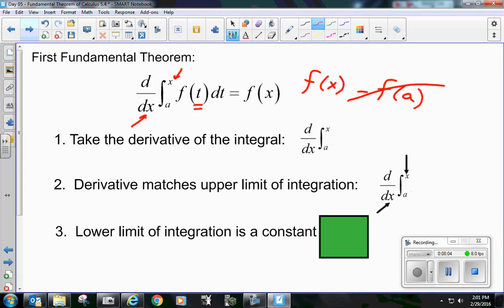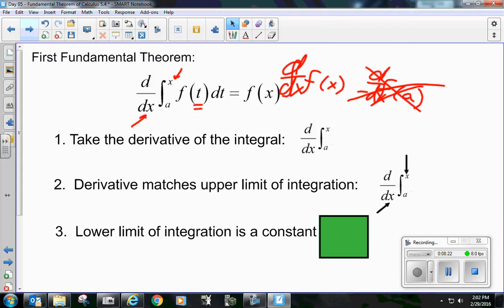So after you integrate, and then I take the derivative of each, the derivative of a constant is 0. So that's why that t turns to an x. You just have to make sure you put x in for the t. The lower limit, as I just stated, is always a constant. That's how it goes away, because when you take the derivative of a constant, it's 0.